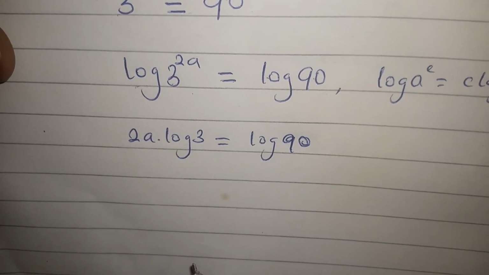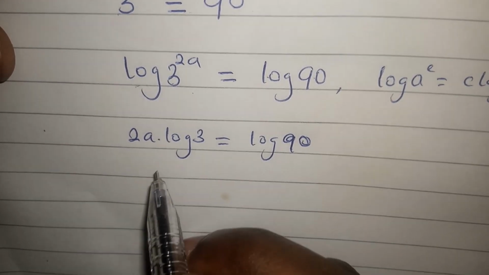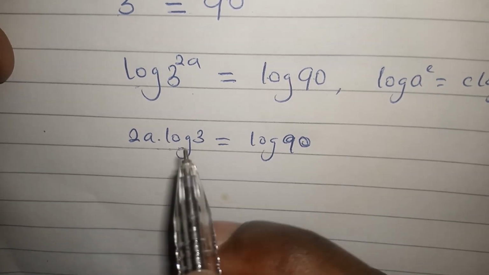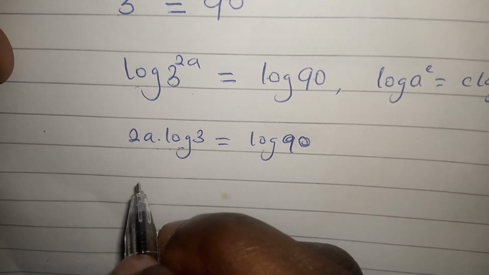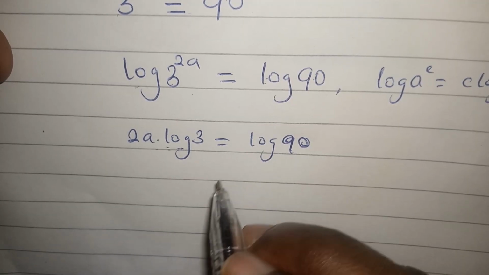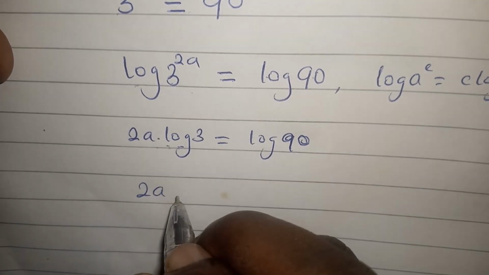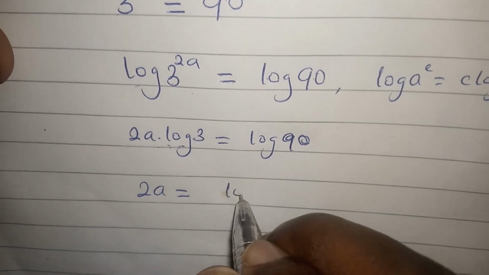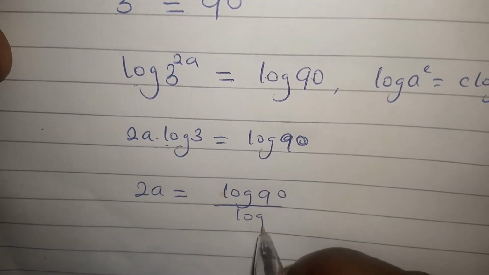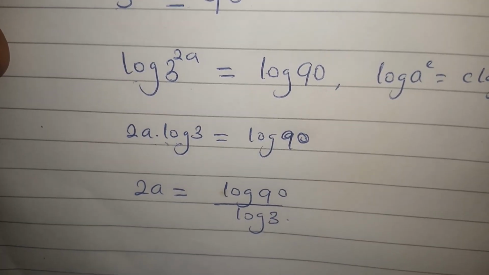So what are we simply going to do? We are looking for a, so we divide both sides by log 3. We now have 2a equals log 90 over log 3.